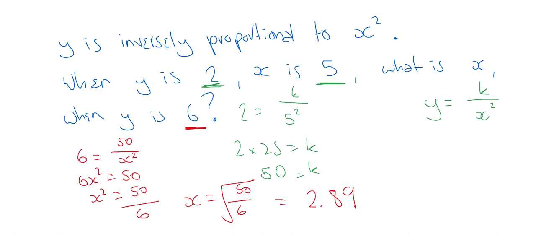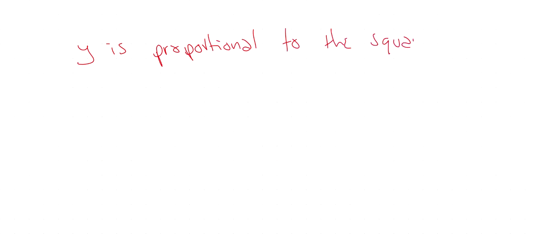Let's do one more. Y is proportional to the square root of x. I want you to take a second and try and picture this. Try and turn this into an equation. Y is proportional. I should have said directly proportional. Y is directly proportional to the square root of x.